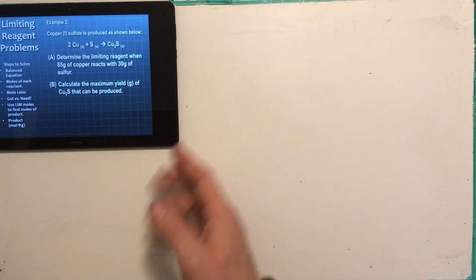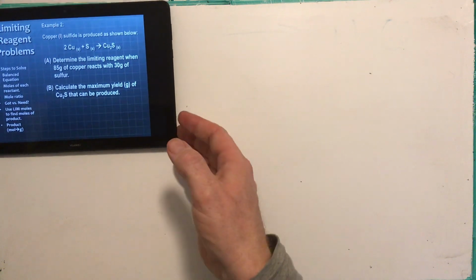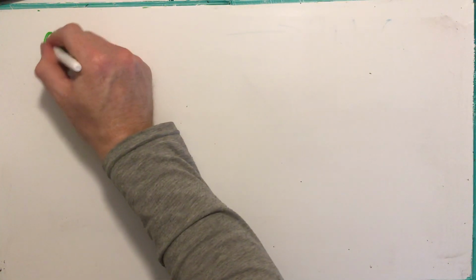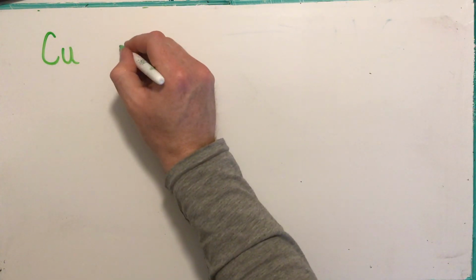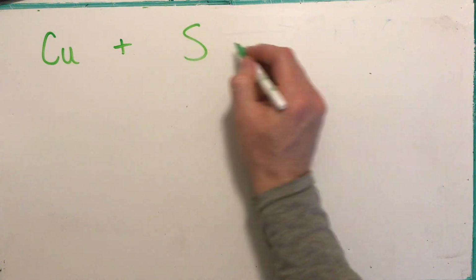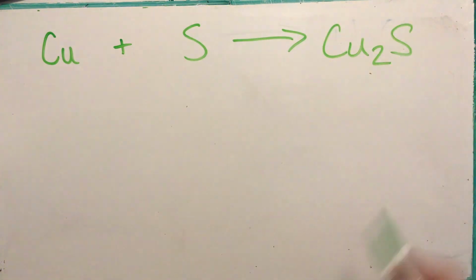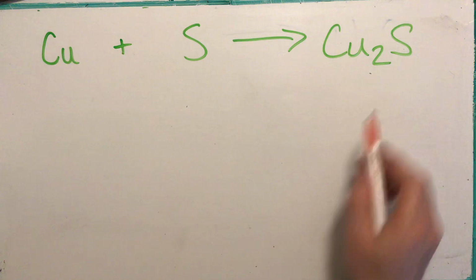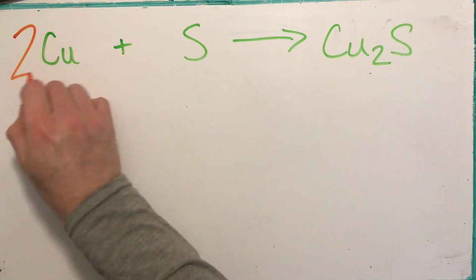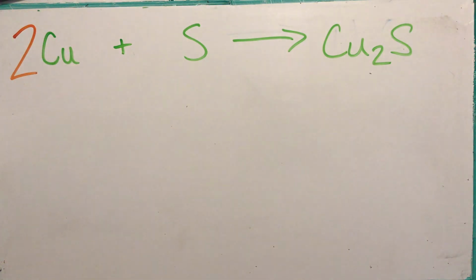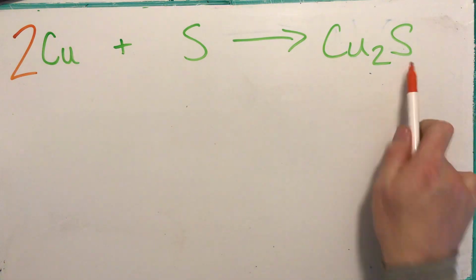So let's do that. You can get that question down, or you can have it as I work it out here. And again, we'll start off with our balanced equation. That's the number one thing. Cu plus S yields Cu2S. And to balance this off, I can see that I'm going to need 2 coppers, and I believe that's it. 2 copper, 1 sulfur, 1 sulfur.